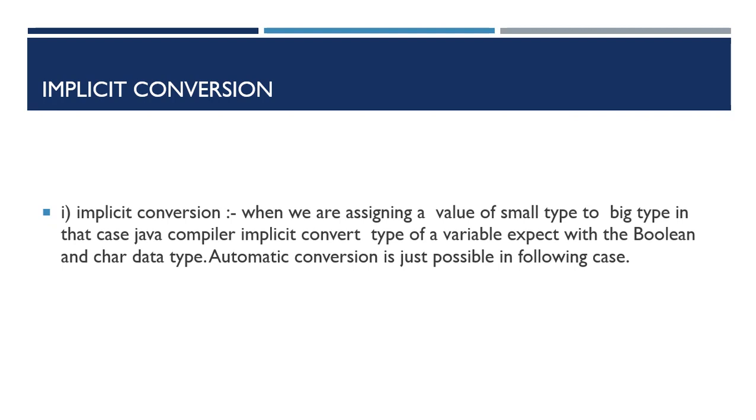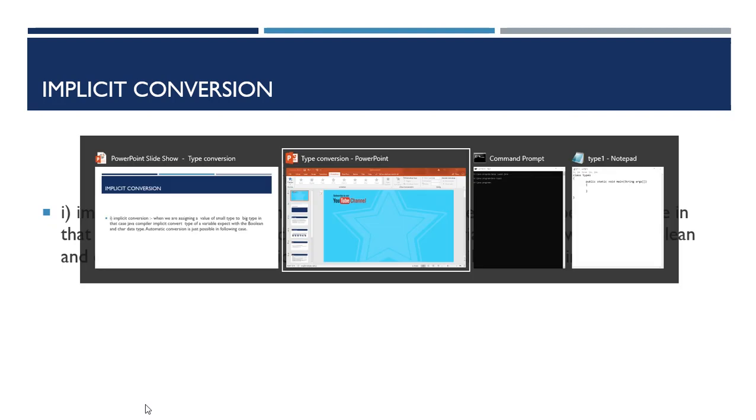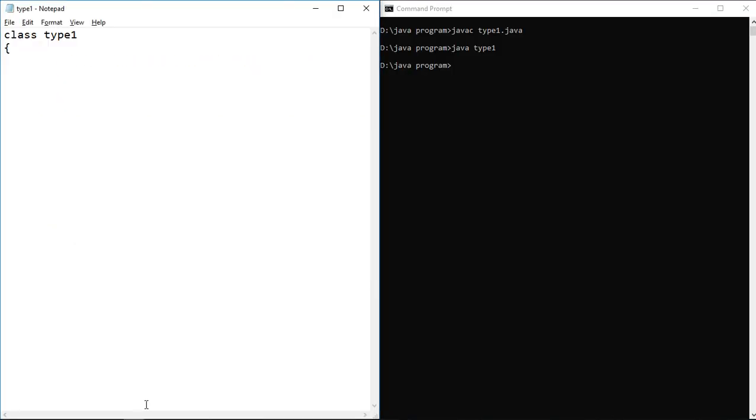Let me show you something regarding this. See, if I have an integer variable a, and I want to assign a particular character to it. The character that I'm assigning is a small type.